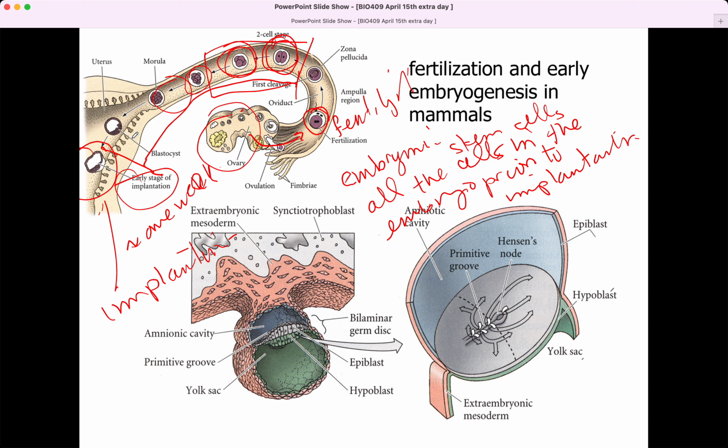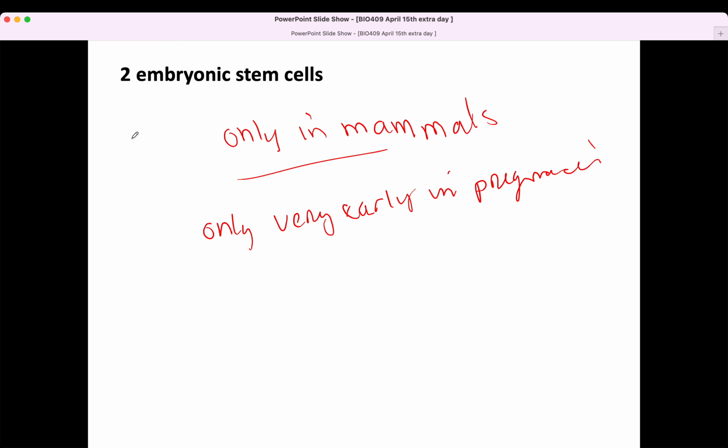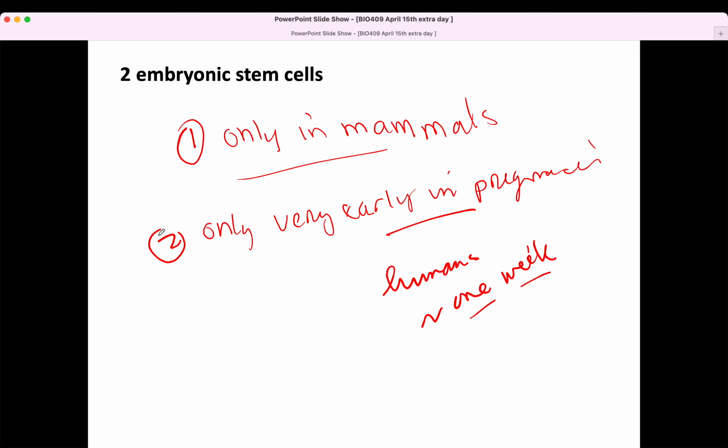So very early in the pregnancy, like in humans, about 1 week. So, no woman is ever aware she's pregnant when there are embryonic stem cells, and then they're done. They go on to become a variety of cell types. So embryonic stem cells only in mammals, only very early.